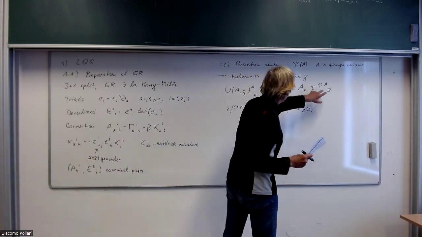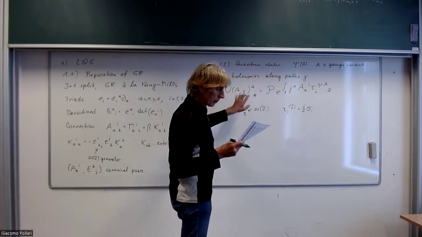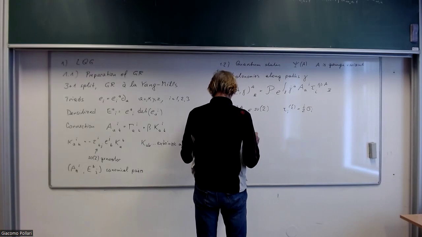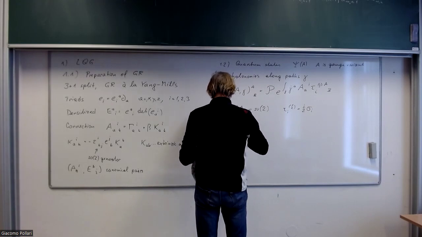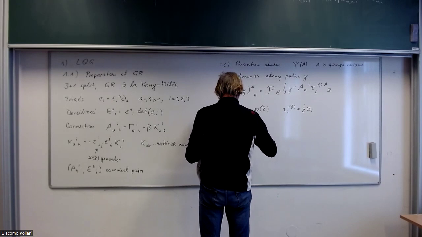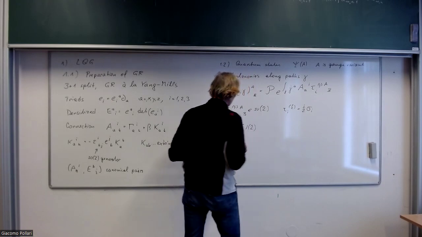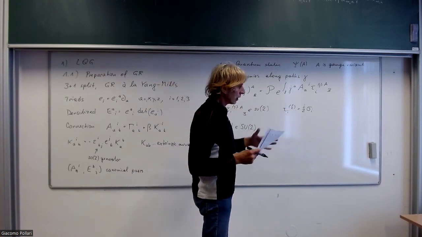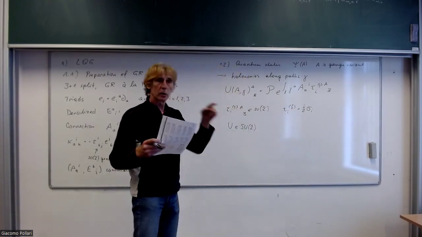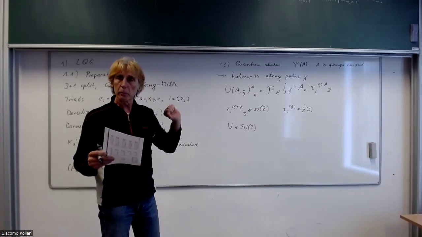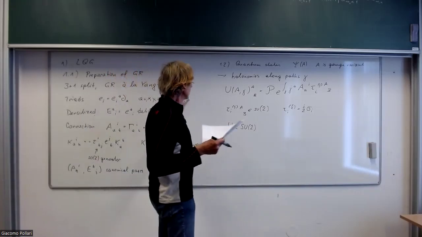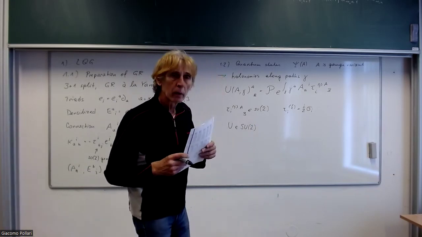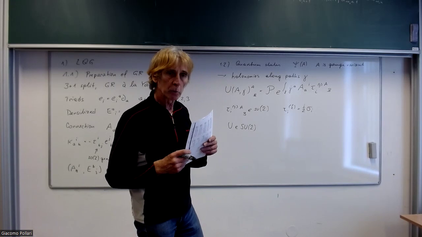Here we have the generator, and this is a group element, U in SU2. In this form, with 1/2, that is what happens to a spinor, or a vector, when it is transported along a path gamma. This is a closed path.